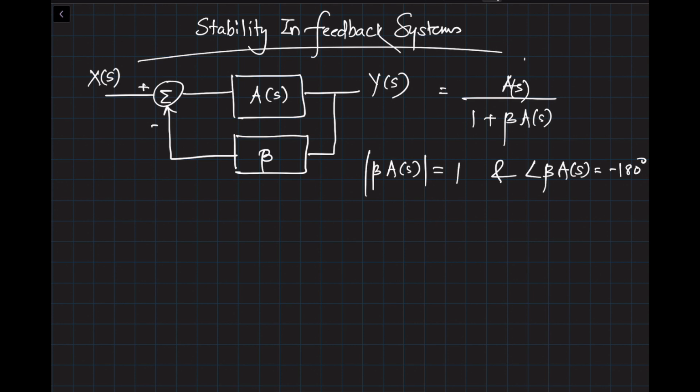We have another inversion over here, so 180 degrees phase shift around the loop plus another 180 degrees phase shift, which is 360 degrees. This means that the two signals in the loop are going in phase and adding constructively, as a result of which you have positive feedback, and then it leads to oscillation.